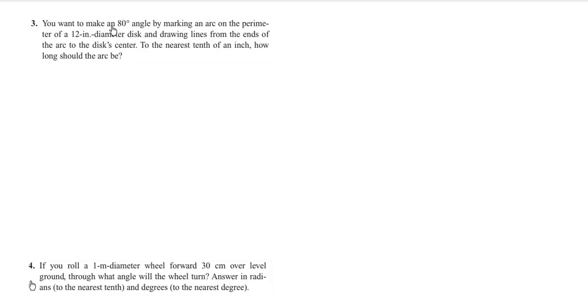Let's see another example. You want to make an 80 degree angle by marking an arc on the perimeter of a 12-inch diameter disc, and drawing lines from the ends of the arc to the disc center, to the nearest tenth of an inch. How long should the arc be?